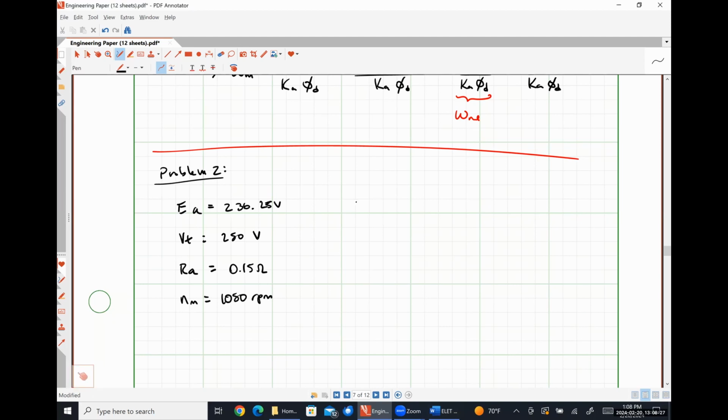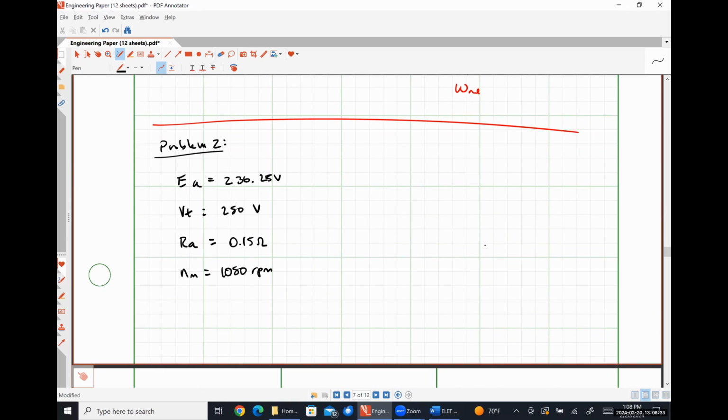Because this device is acting as a motor, we figured that out, we know that EA should be VT minus IA RA. Make sure I got the EA and VT on the right side of that equation.